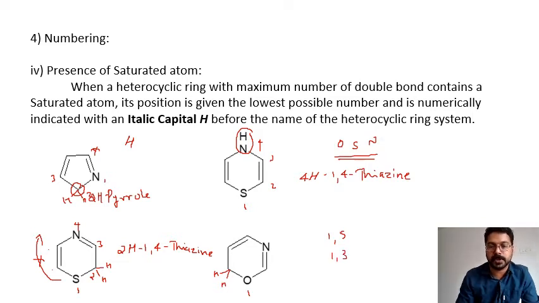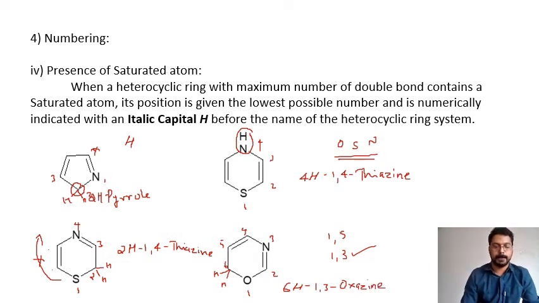So the first importance should be given to the heteroatom. So it will be 1, 2, 3, 4, 5, 6. The name will be 6H-1,3-oxazine, oxa plus aza plus -ine, oxazine.